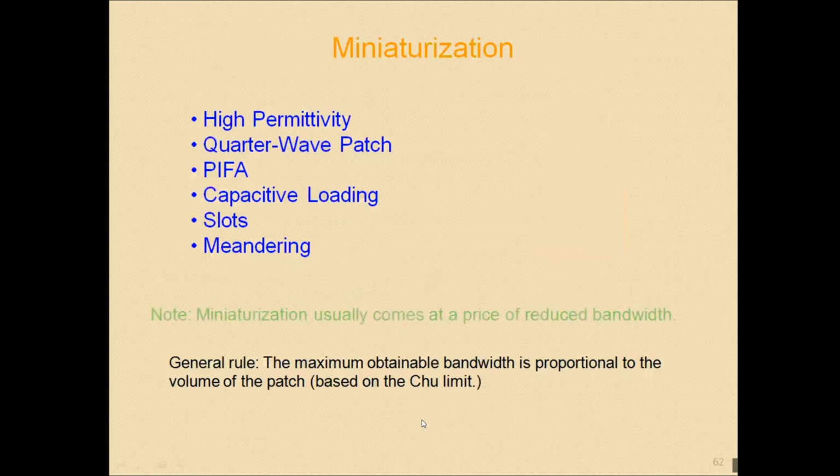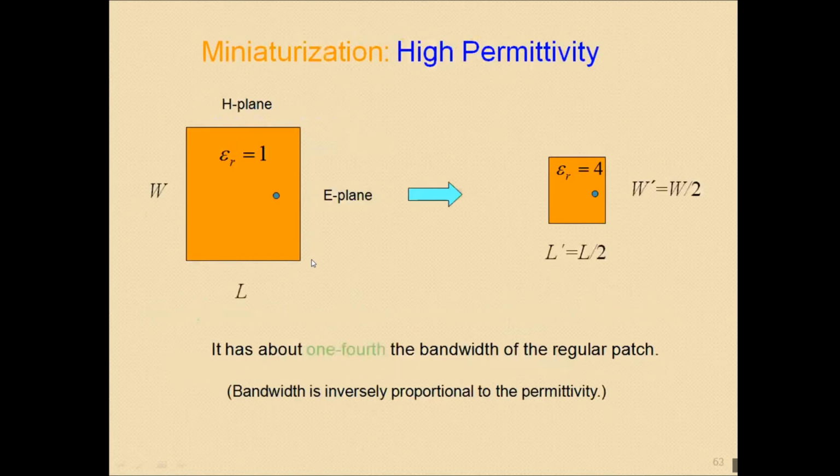Miniaturization is also possible. A high permittivity, quarter wavelength patch, that is lambda by 4. Planar inverted F antennas, PIFA antennas, are also very famous for the design. Capacitive loading effects can be created. We can go for slots and meandering effects.